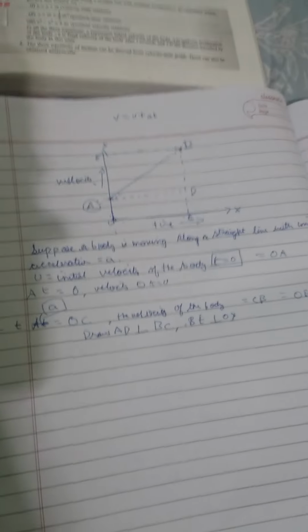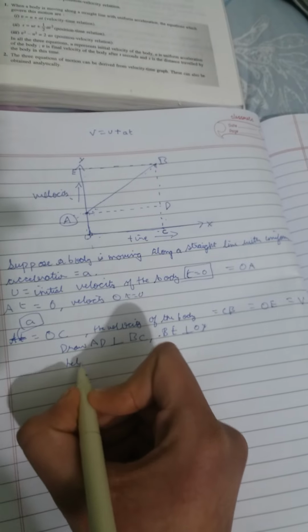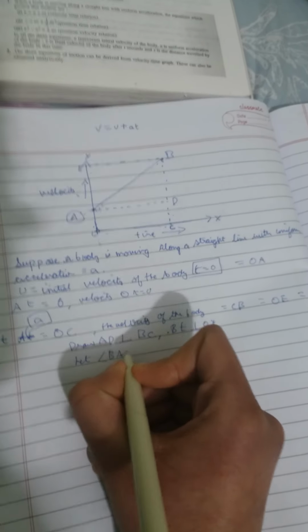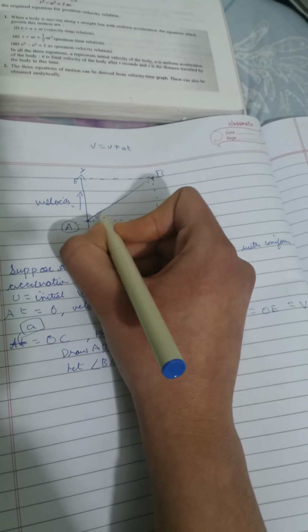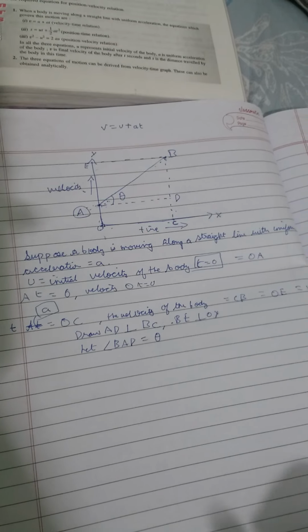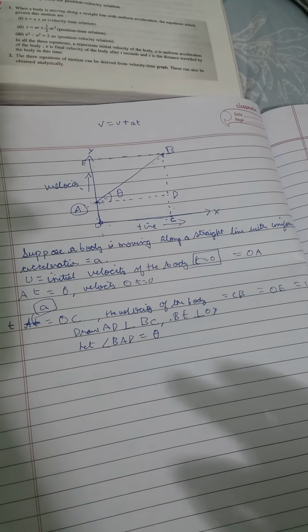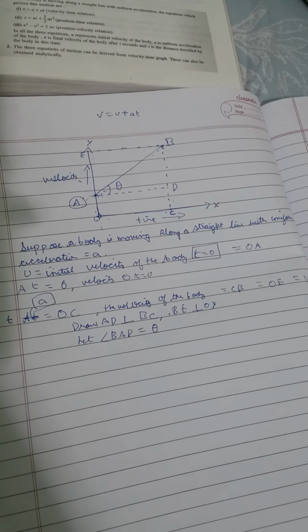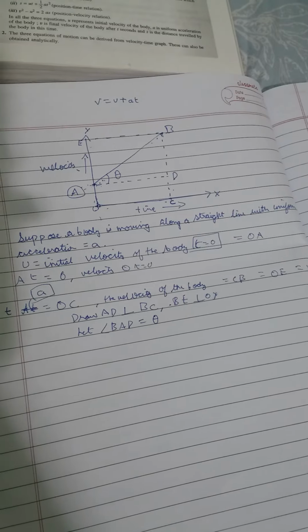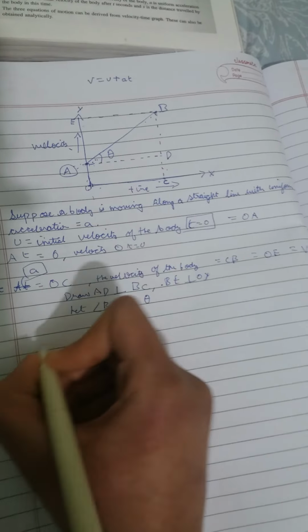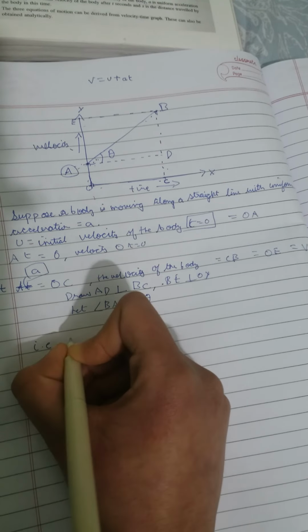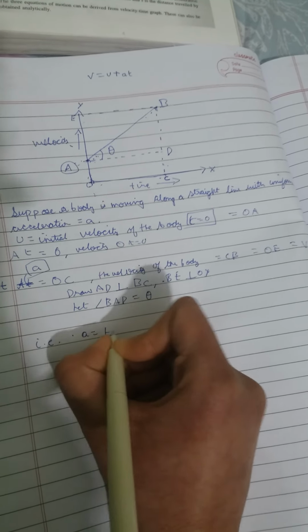And let angle BAD be equal to theta. There is not much need of theta here, so you can skip this part if you want, but a is equal to tan theta.